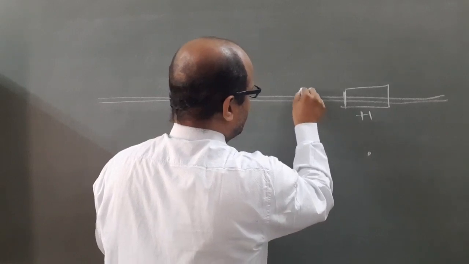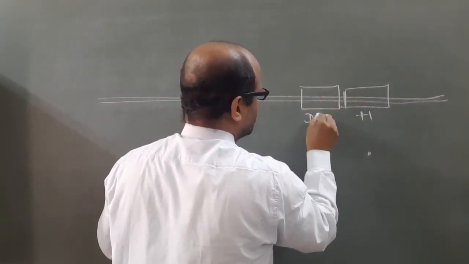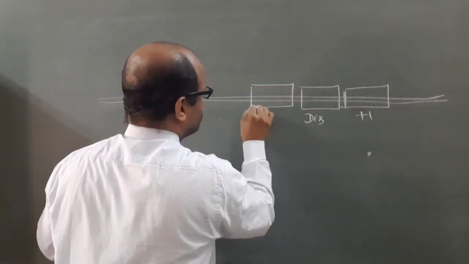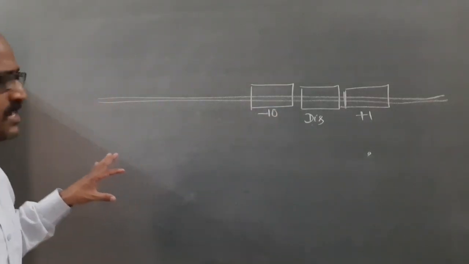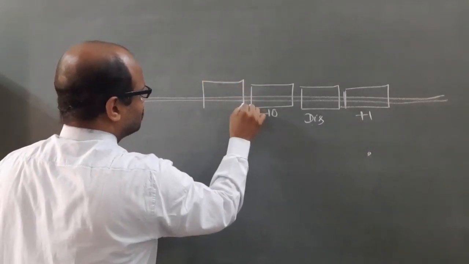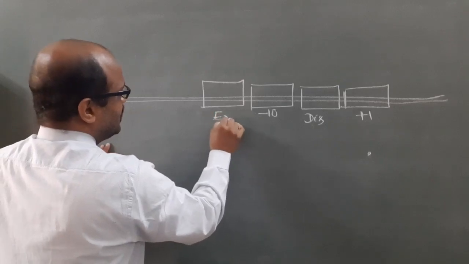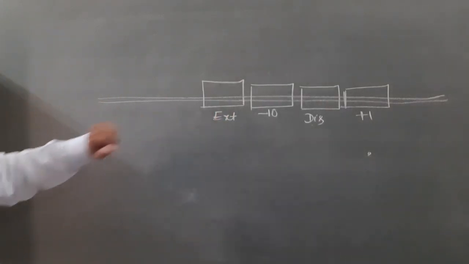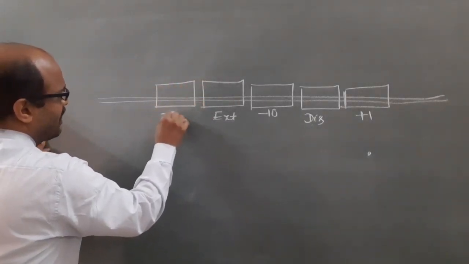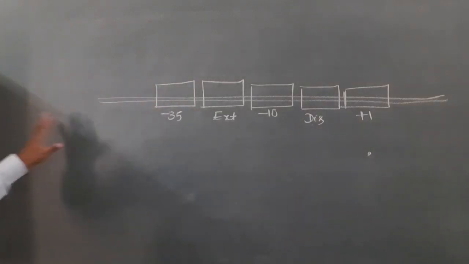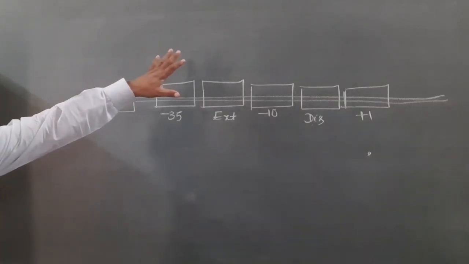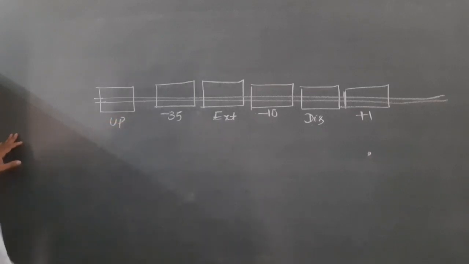Upstream of the start point there are sequences known as the discriminator, and upstream of the discriminator at the region of -10, that is the Tata box region, and upstream of the -10 region there are some sequences known as the extension, and upstream of the extension region there is the -35 element, and upstream of the -35 element, the sequence read by the RNA polymerase enzyme is known as the up element.